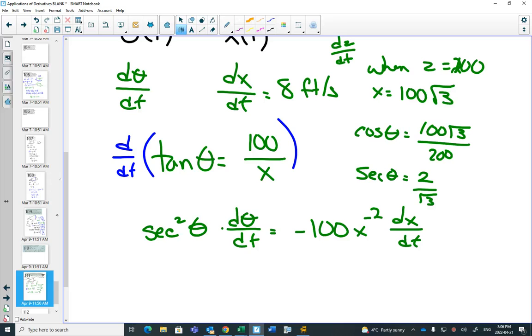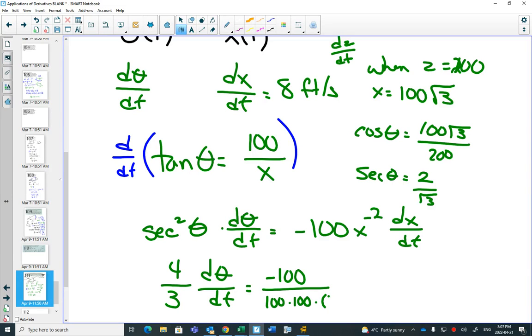Two over root 3 squared will be 4/3, so 4/3 d theta dt equals negative 100. X is 100 root 3, so this will be 100 root 3 squared, which will be 100 times 100 times 3. Can you see why I might have written that as 100 times 100 instead of 10,000? So I can cancel them out.